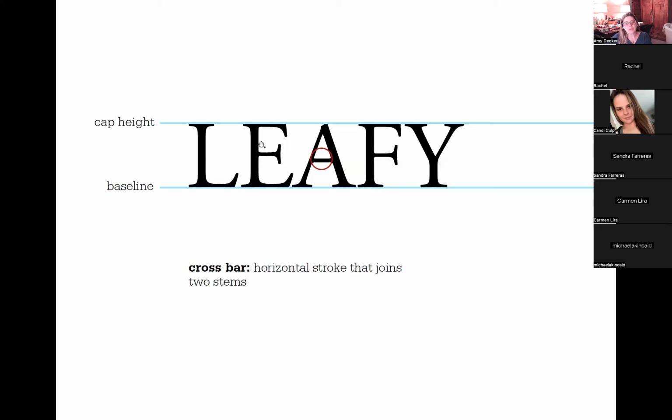These would actually be cross strokes. The middle ones on the E and the F are cross strokes. They're not connecting, they're just going off one side. It's a stroke, and it's a crossbar when it's connecting. A cross stroke doesn't necessarily have to go straight through the letter like the T. It can go off to just one side, and it crosses, but it doesn't connect. The stroke doesn't connect, the bar connects.